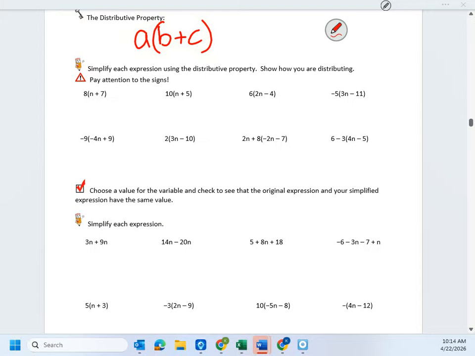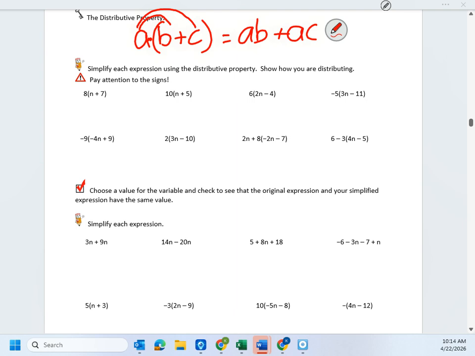What operation is happening that is invisible? Finley? Multiplication. So what we're going to do is multiply what's on the outside through the parentheses. So that would be A times B plus A times C.